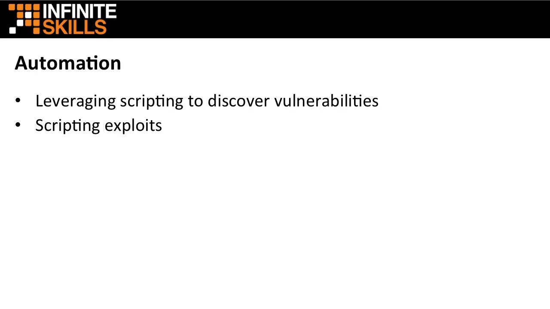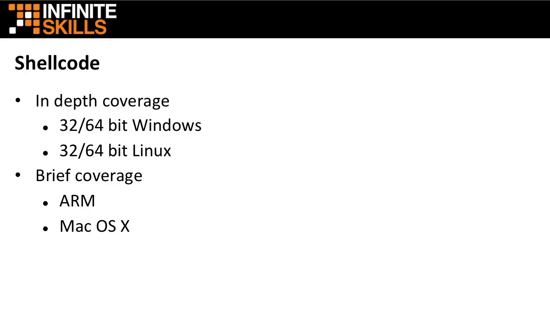We will also talk about using automation. For example, we will talk about how you can leverage scripting to discover vulnerabilities. After you've decompiled something, you might be able to use a little scripting to help you. We will also talk about scripting exploits. We will talk in depth about creating shellcode. Shellcode is the payload.